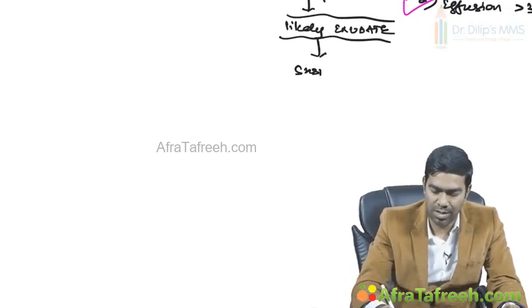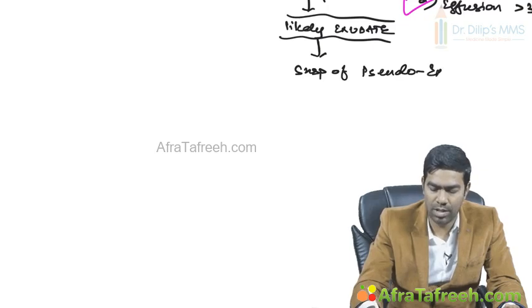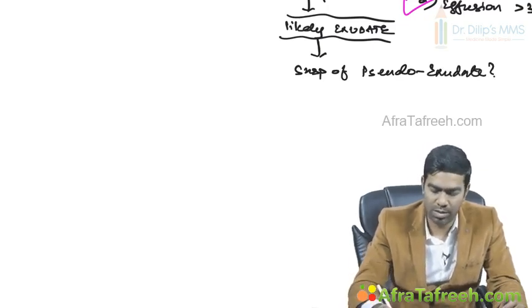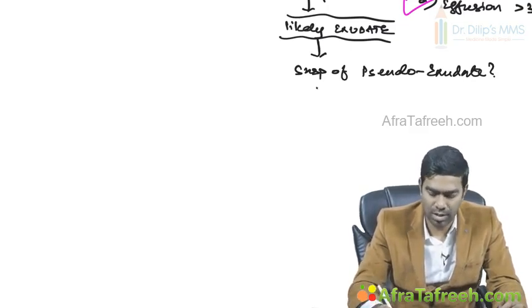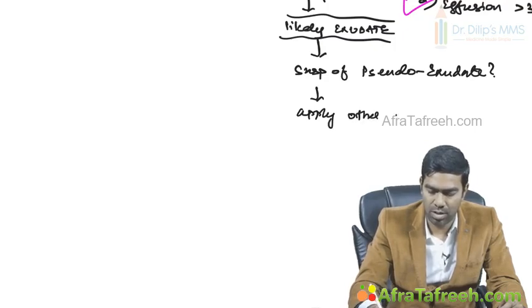Now, if you have a suspicion of this being a pseudo exudate, which means heart failure already treated with diuretics, then you can apply other criteria. Typically, what we use is the gradient rule. Clear?